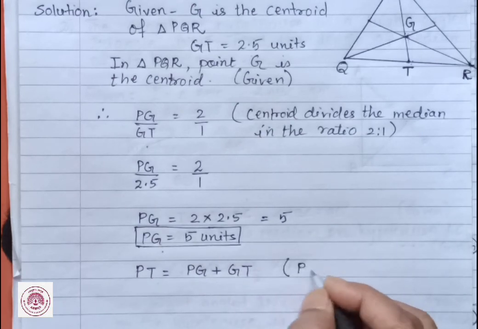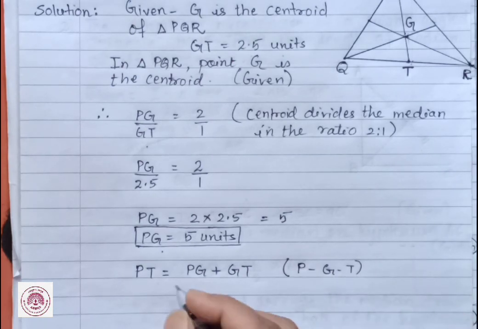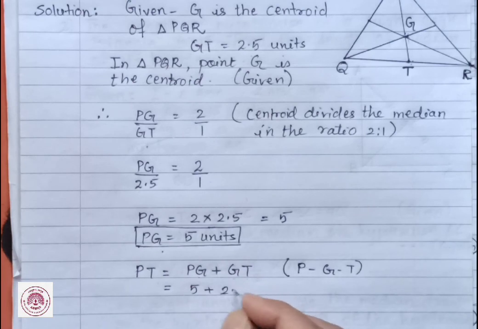Because these three points P, G and T are collinear. Now let's substitute the values. PG is equal to 5 units and GT equals 2.5 units. So this is equal to 7.5 units. Therefore PT equals 7.5 units.